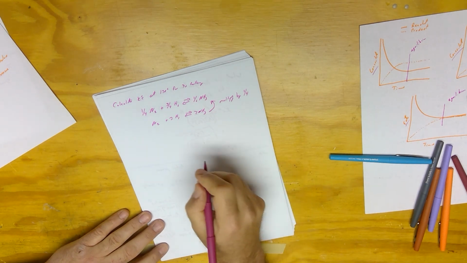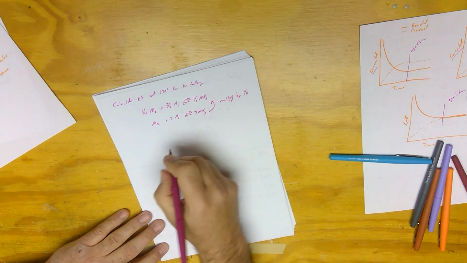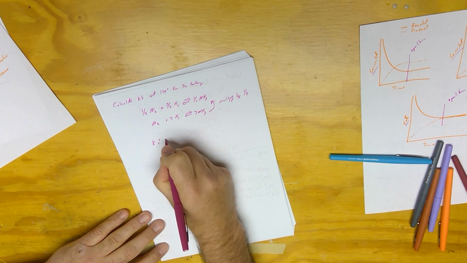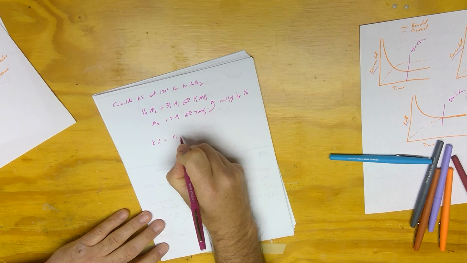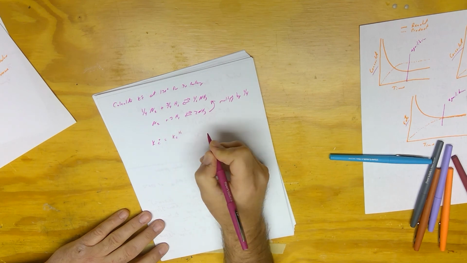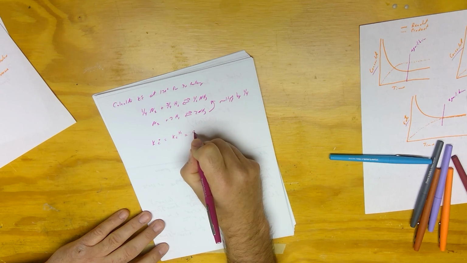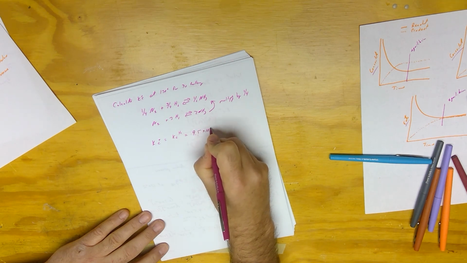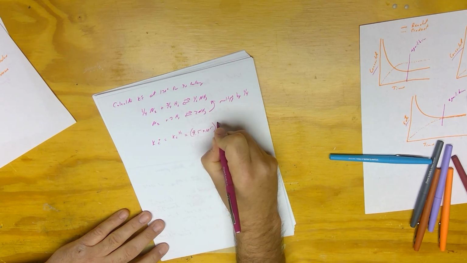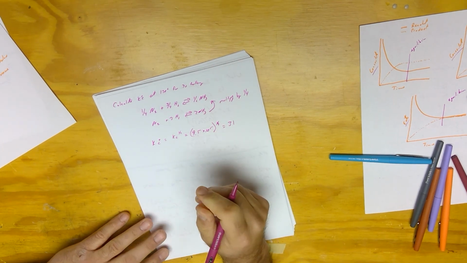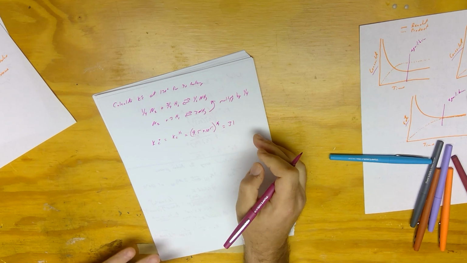Okay. Well, we know what to do with that now. Our K double prime c is equal to our original Kc raised to the 1/4 power. So we go 9.5 times 10 to the 5th to the 1/4, and when we do that math, it turns out to be 31. Okay.